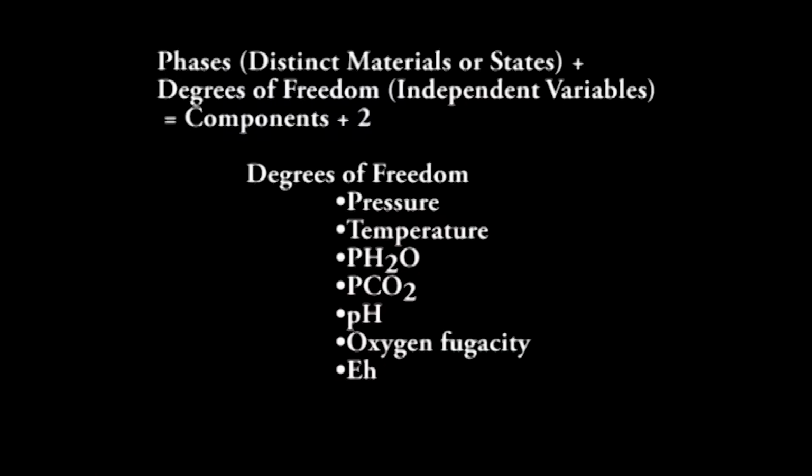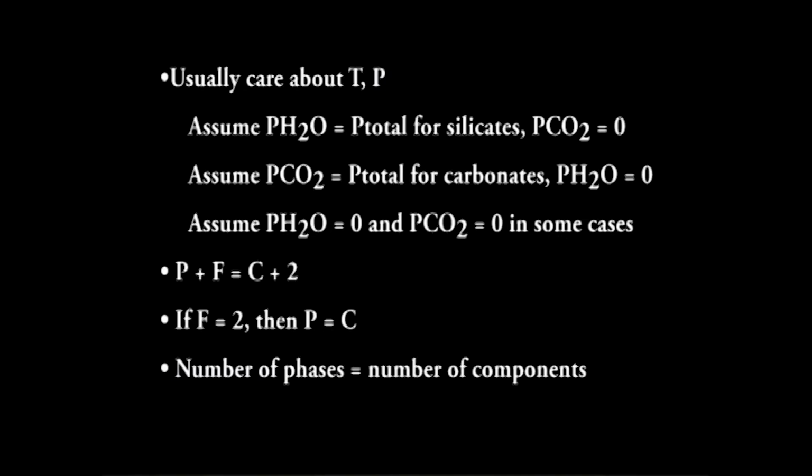Now, the next module is degrees of freedom: pressure, temperature, pH2O, pCO2, pH, oxygen fugacity, Eh. Simplifying degrees of freedom: generally, we ignore pH, Eh, and oxygen fugacity for most rocks, except those important for sulfide systems.